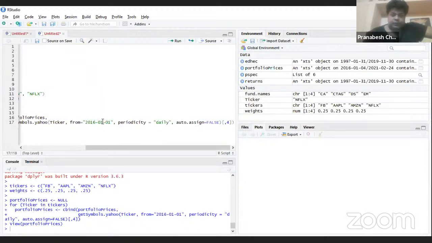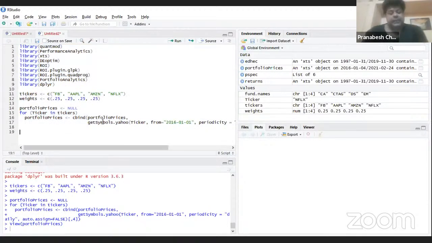So now our idea is to create the benchmark prices. Yahoo has another symbol called pi, which gives the benchmark prices, right? Let's see what these benchmark prices mean.